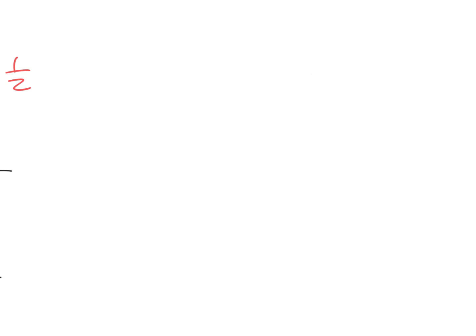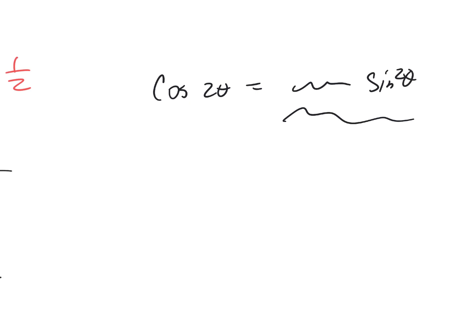So what if you're doing your problem and it's got sine squared on the other side? You got cosine of 2 theta, and then there's a bunch of stuff, but you notice at least that there's a sine squared over there. That's a hint on which one of the 3 you should probably use.